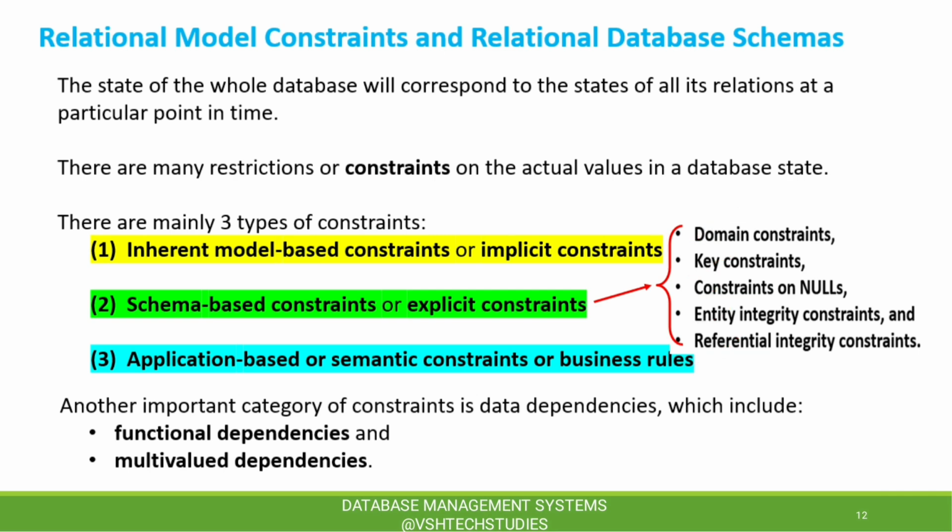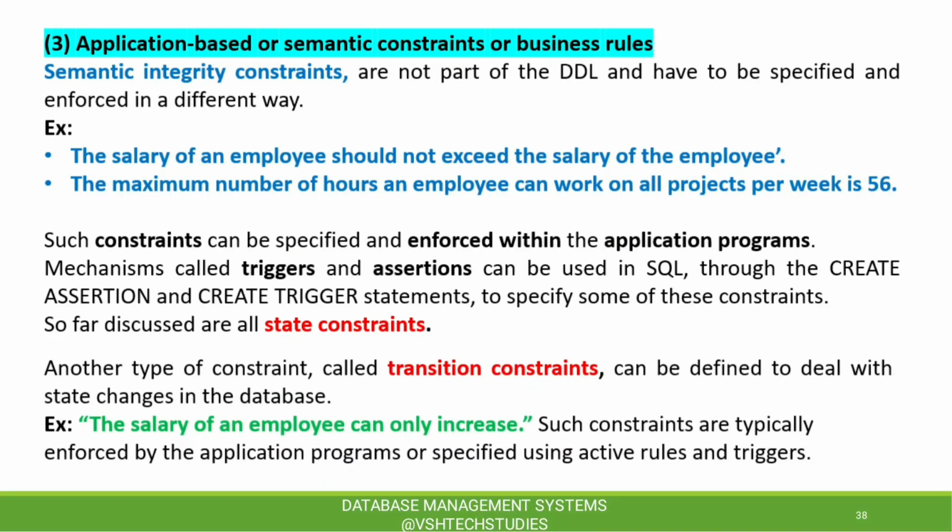Next we shall move on to the third type of state constraints, that is application based constraints or semantic constraints or business rules. Semantic integrity constraints are not part of DDL, data definition language commands, and they have to be specified and enforced in a different way.